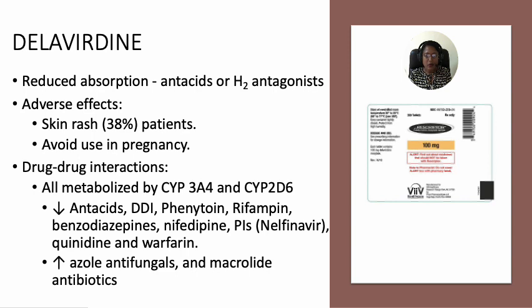Delavirdine has a high oral bioavailability, but its absorption is affected by the presence of H2 blockers and antacids. It causes skin rashes in about 38% of the patients and should be avoided in pregnancy because it is teratogenic.